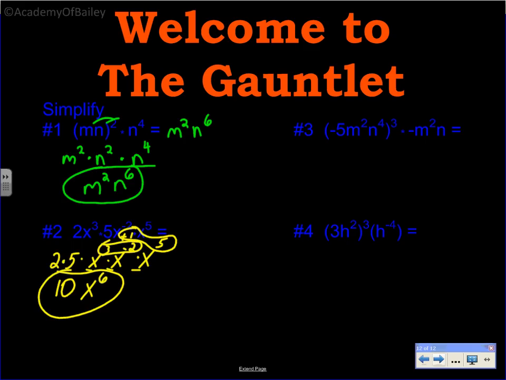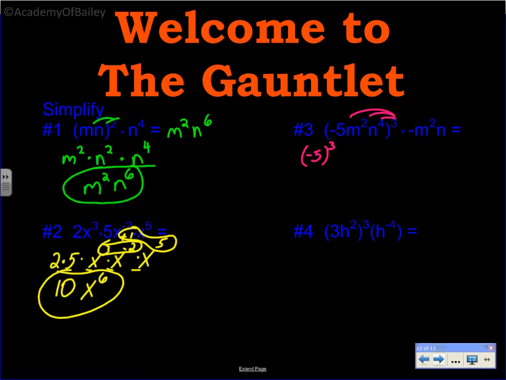This is example number 3. Well, let's go ahead and do this, where you put the exponent of 3 outside with everything inside. So it's going to be negative 5. I'm putting negative 5 inside parentheses.